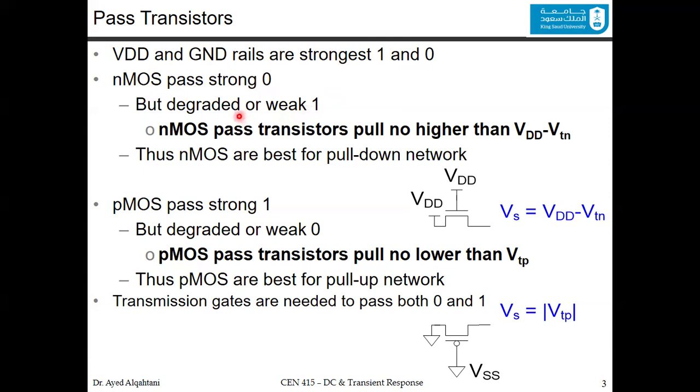This degradation means that the NMOS pass transistor pulls no higher than VDD minus V threshold. Thus, because the NMOS passes a strong 0, they are best for a pull-down network.